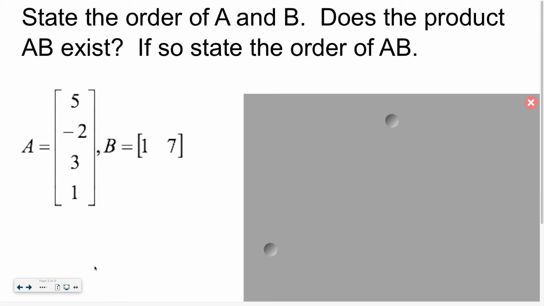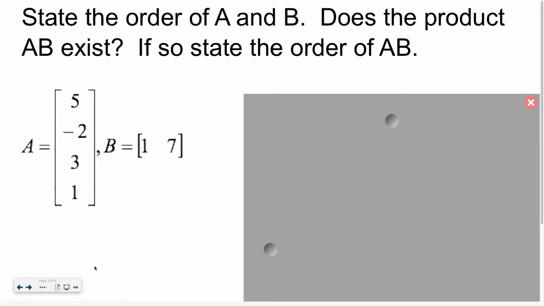Does the product AB exist? Like can you multiply them? And if you can, what are the dimensions of your answer matrix? So real quickly with your pods, see if you can determine the order of A and B, and then decide if you can multiply them or not. Go ahead and talk it out with your pods.